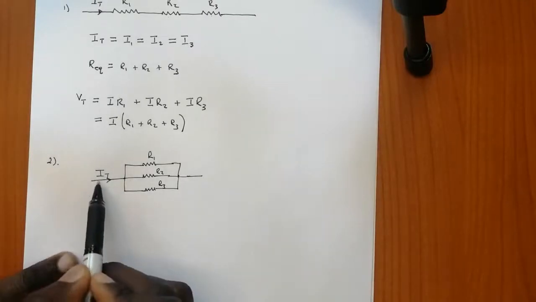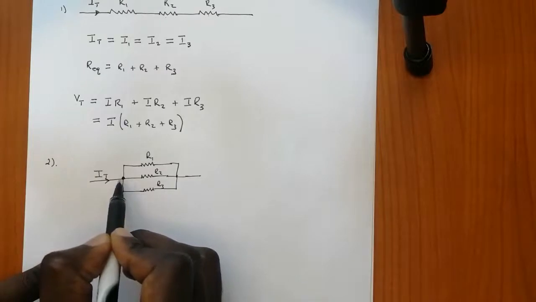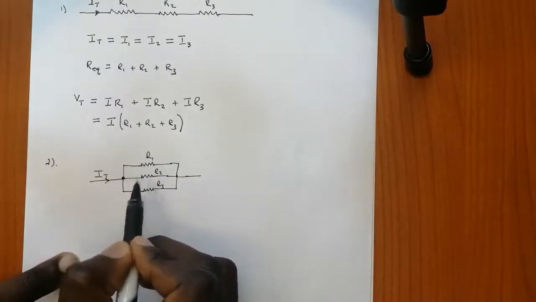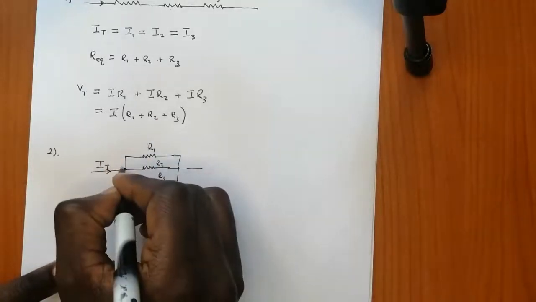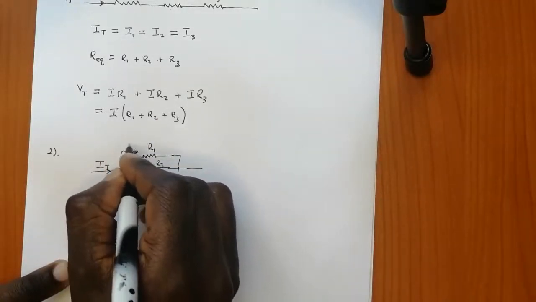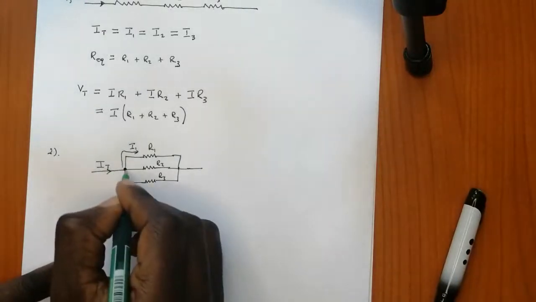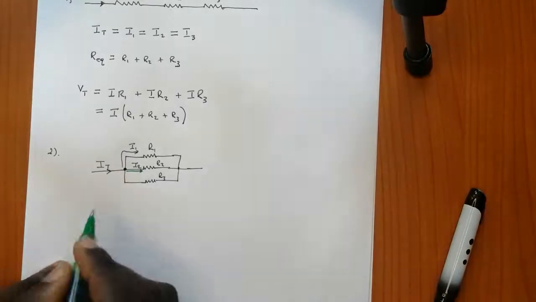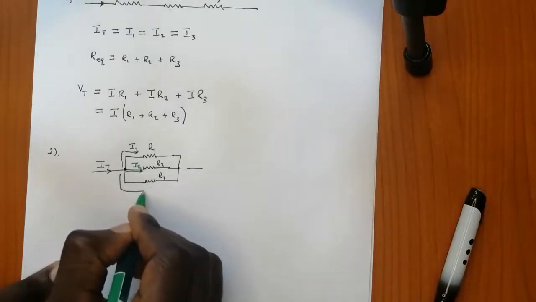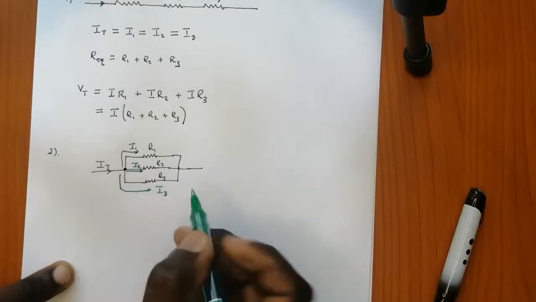As you can see, it comes to a junction, and when it comes to a junction, it needs to split amongst the branches that you have. So you have the current I1, you will have the current that goes through, that will be I2, and you also have the current that will flow in resistor 3, and that will be R3.